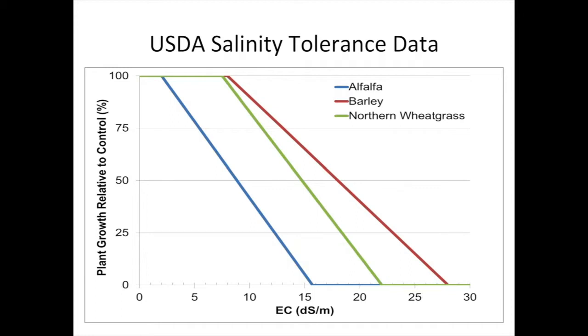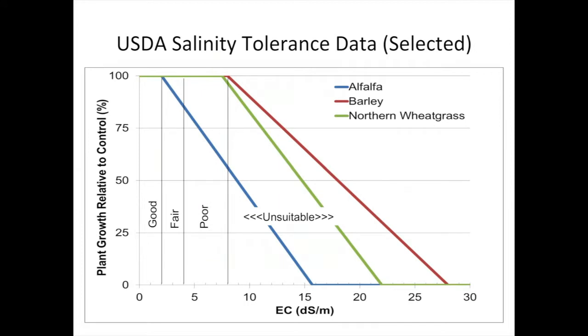And then, just to drop in how the characteristics of salinity that we use in Alberta slot into that, we characterize our background as good, fair, poor, and unsuitable, and this shows how those fit in with the USDA data on which those guidelines are primarily based.